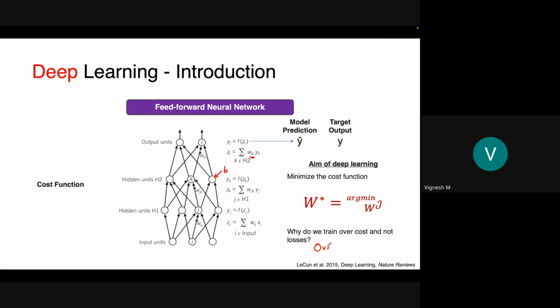There's one word for this. People have heard of this, right? Overfitting. Yeah. So the idea of using a cost is it prevents overfitting, right? That means that you are not changing the network to small changes that are occurring with respect to the losses.